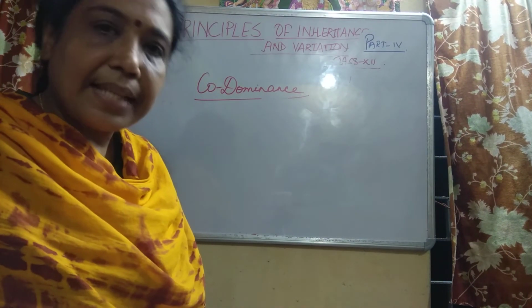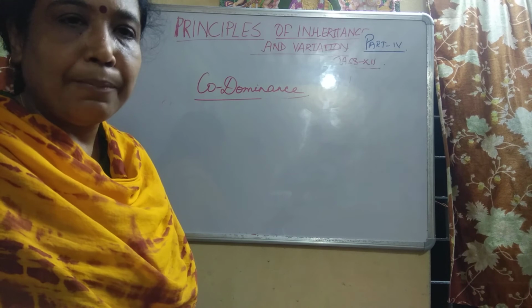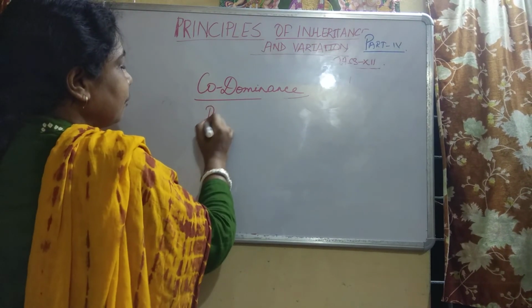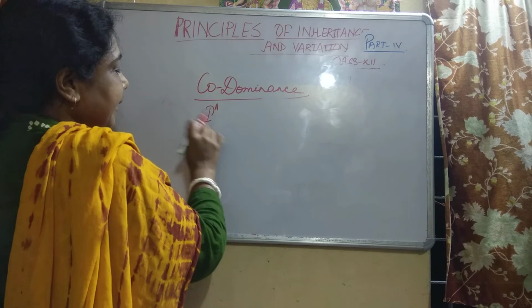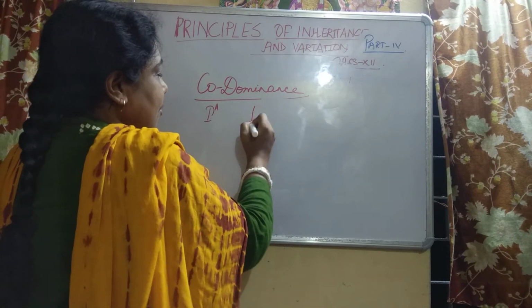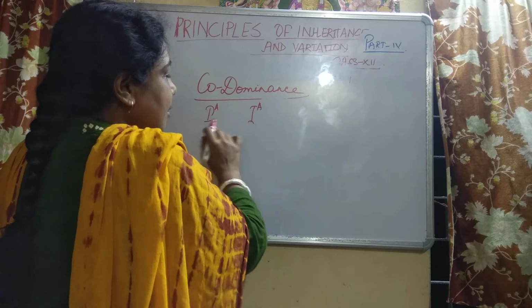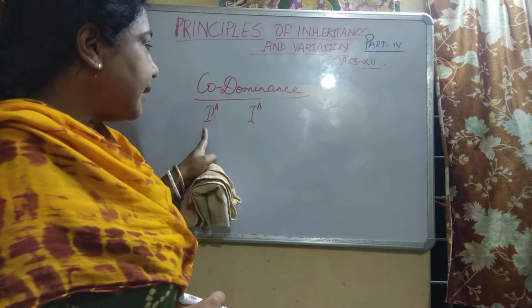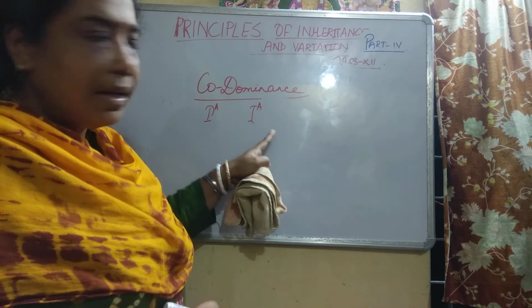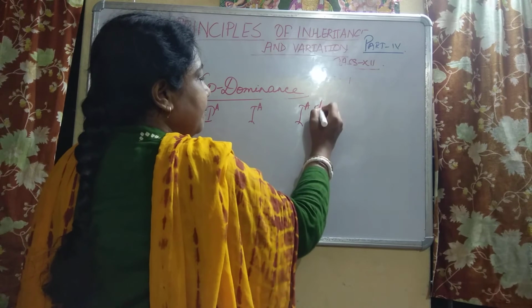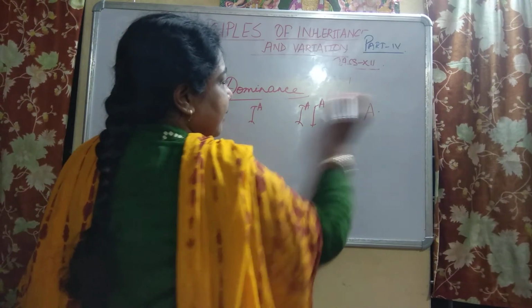So there are 6 genotypes in your NCERT book about the blood groups. What you will see, if one of the parents is having this allelic form, the other parent is also having this one. So the gametes from parent A, gametes from parent B, what you will get ultimately upon fusion, this would be the result, and the offspring will be what?